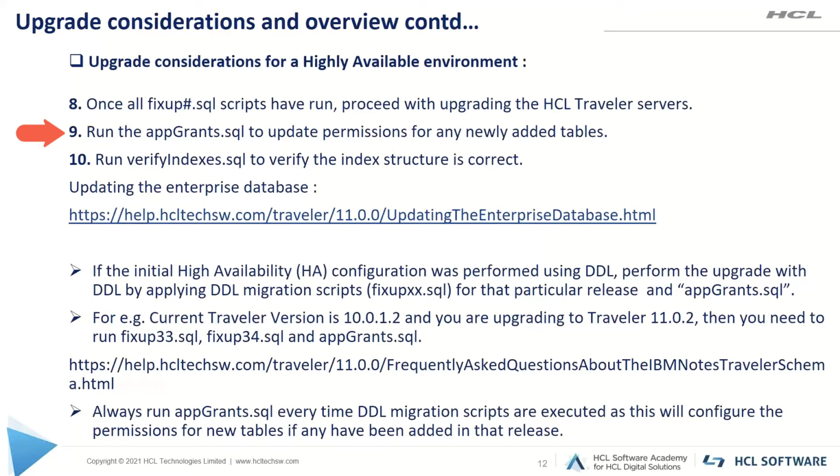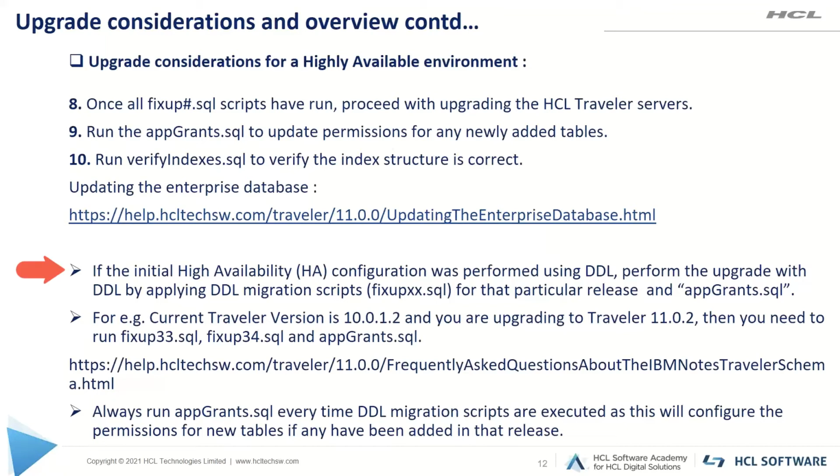For that, the required permission will be set by this appgrant.sql file. Final step is you need to run the verifyindexes.sql so that it validates whether the index structure is correct or not. You can refer to the updating the enterprise database URL mentioned on this slide for more information.